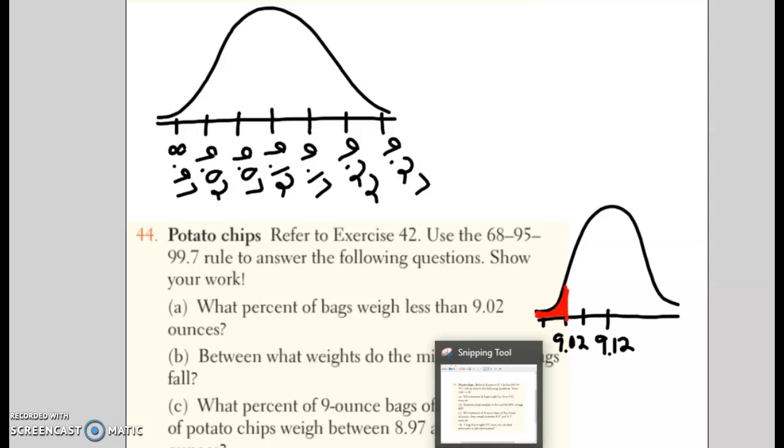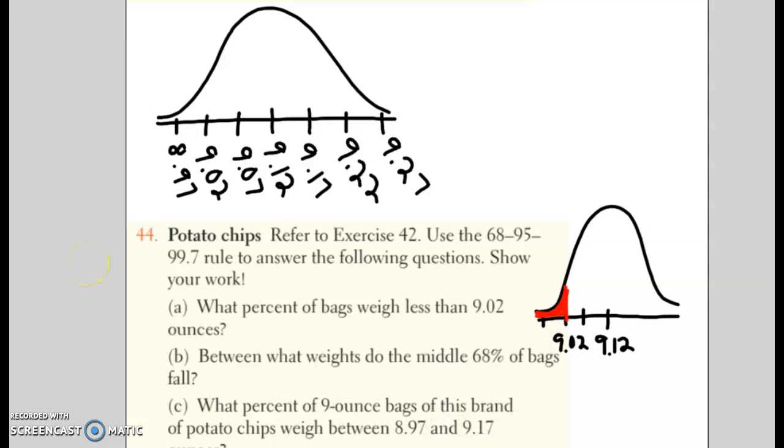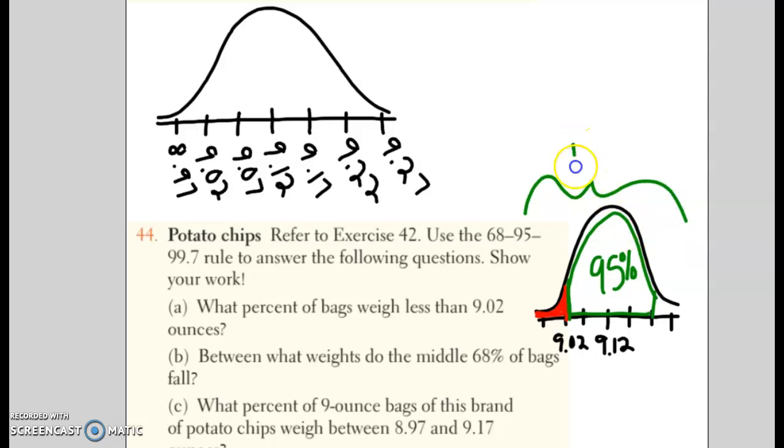Now, I don't have an empirical rule for that, but I do know some things because of the empirical rule. I know that 95% is between here and here, right within 2 standard deviations. So I know this area is 95. I know the area of the whole curve altogether is 100%.